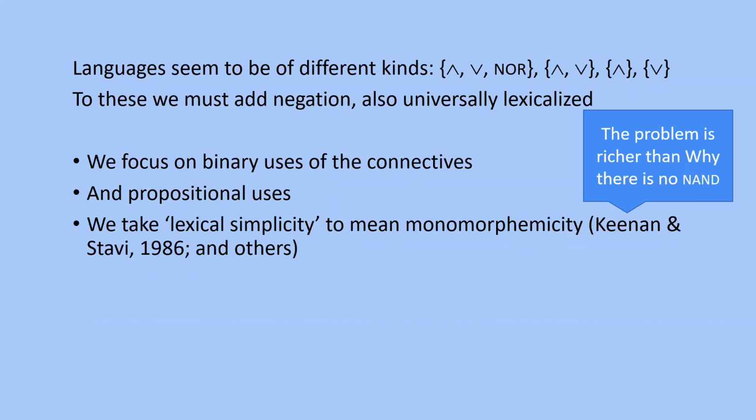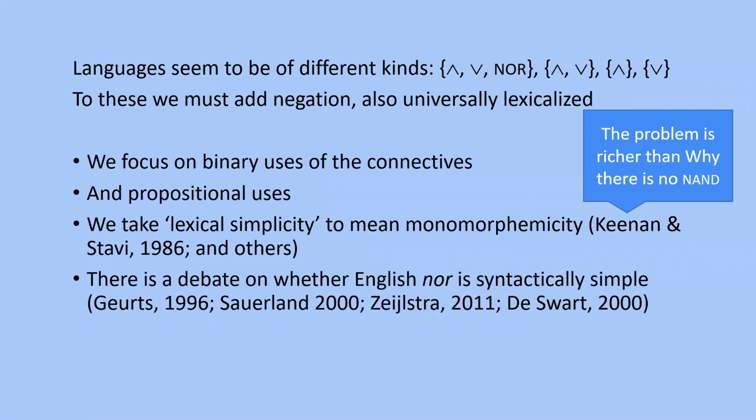This follows Keenan and Stavi's approach. I mention this because you might be aware that there's a debate on whether English nor and analogous expressions, at least in Germanic languages, are syntactically simple. I'm not going to get into this debate, but that's a stipulation we make about what it means to be a simple lexical entry.